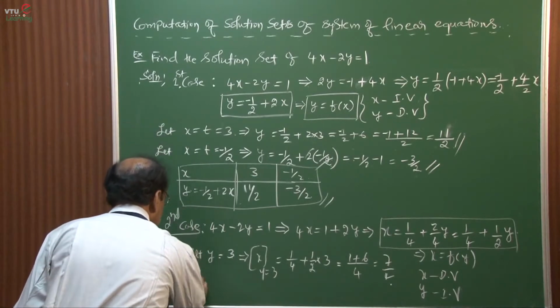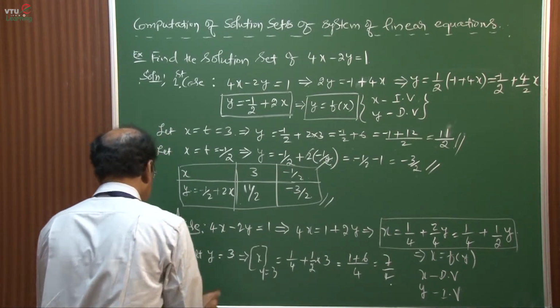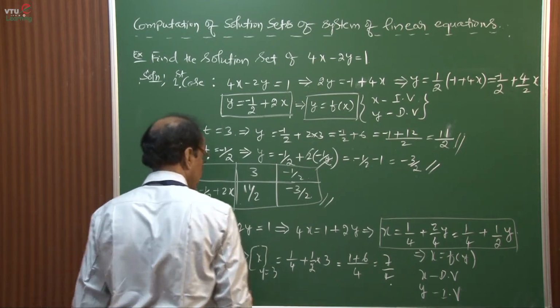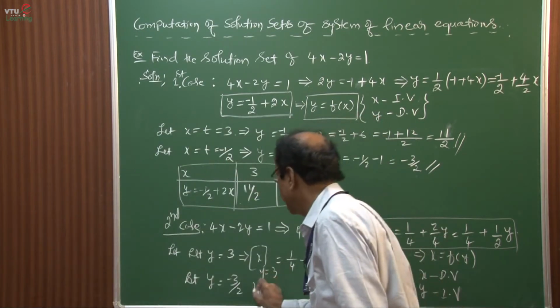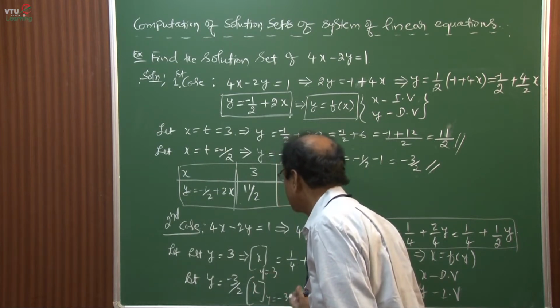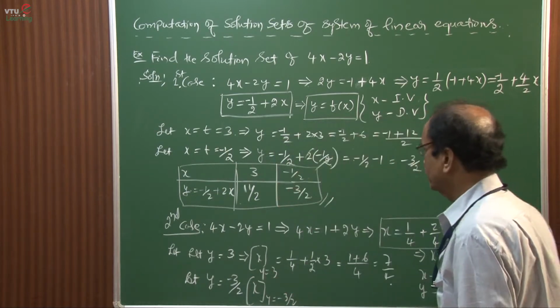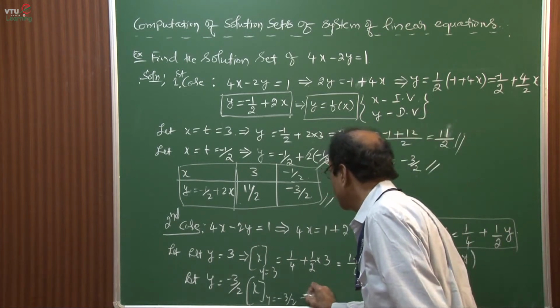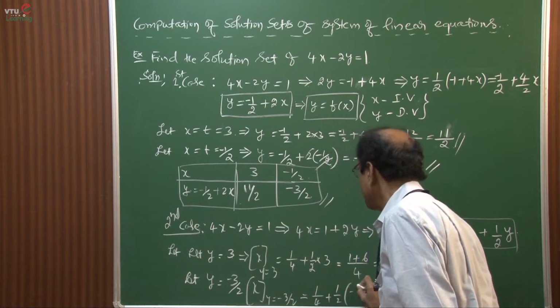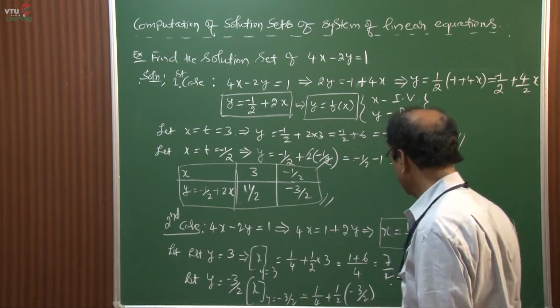Then another choice you can take, y is equal to minus 3 by 2, some number you can take. Then x at y is equal to minus 3 by 2 gives 1 by 4 plus 1 by 2 into minus 3 by 2.